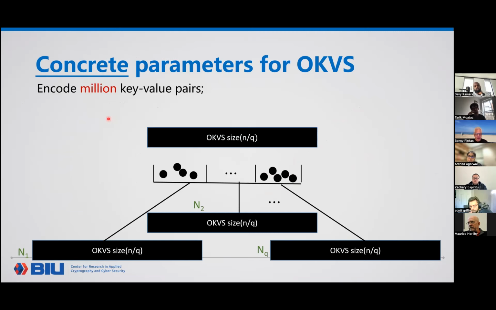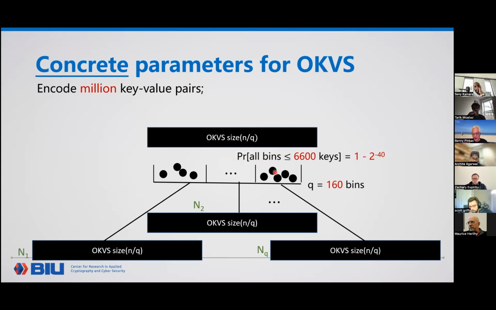So then we actually instantiated it for 1 million key value pairs. And what we did, we used like 160 bins at the bottom instead of 3. And then we could run experiments. This is something we can easily theoretically verify.